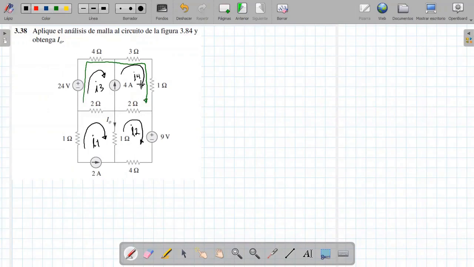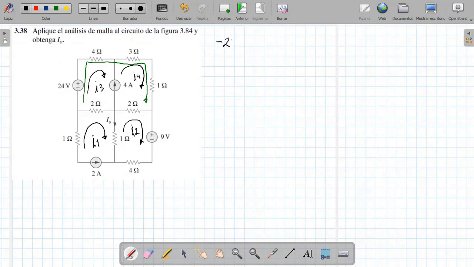I explain. I'm going to do the supermesh here first, I'm going from here. Remember that we are doing a voltage analysis, the KVL, so it is going to enter through the negative of the 24-volt voltage source. It would be minus 24.